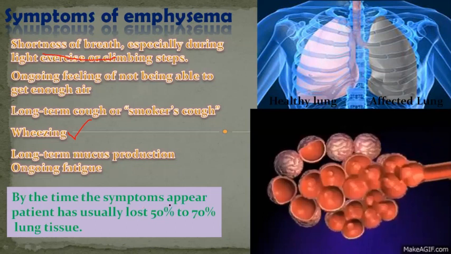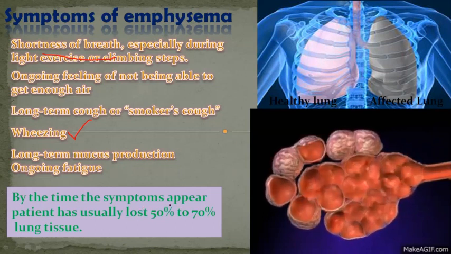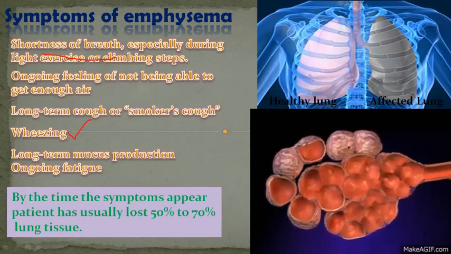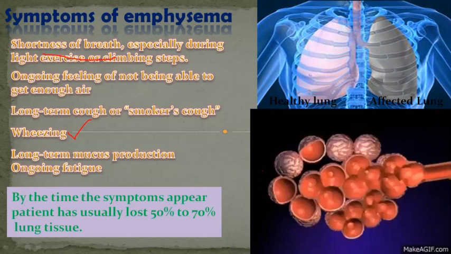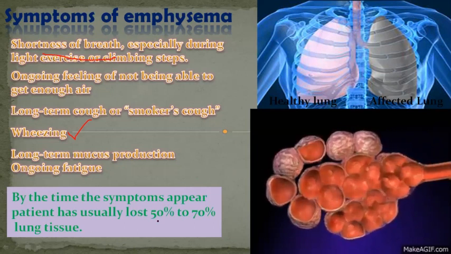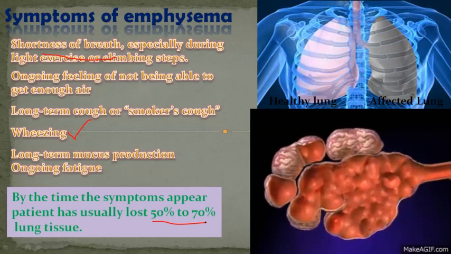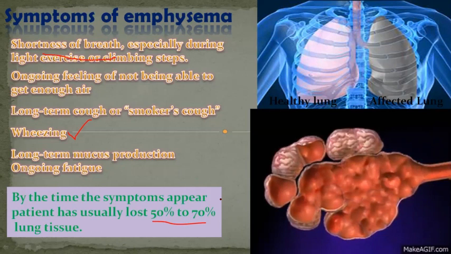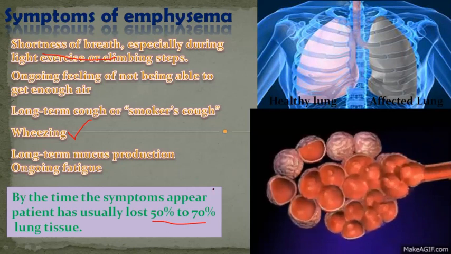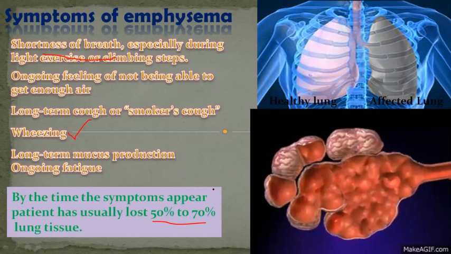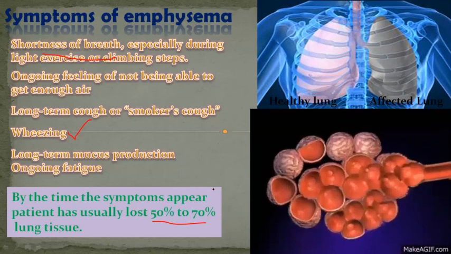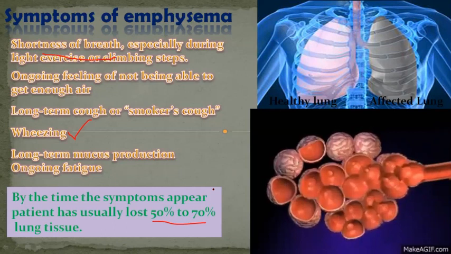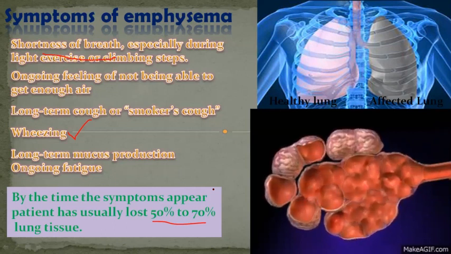So by the time the symptoms appear, the patient has usually lost 50 to 70% of lung tissue. Once the lung tissues get damaged, they will not be recovered again. At this condition, when 50 to 70% of lung tissue is lost, we can make the lifestyle of the person a little better, just a few degrees, but it cannot be recovered properly.